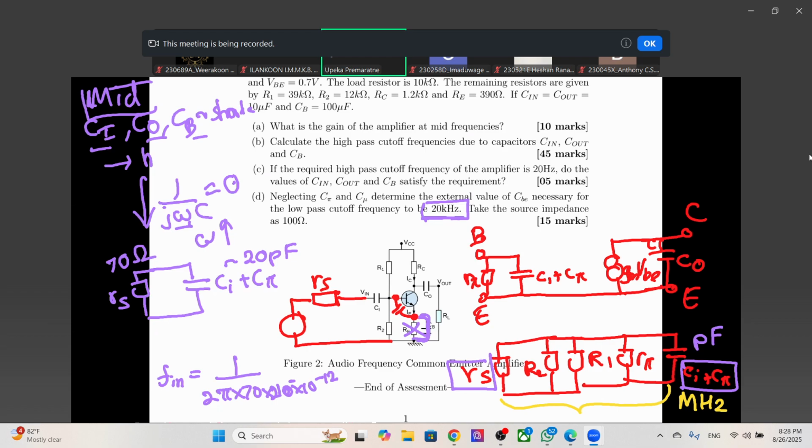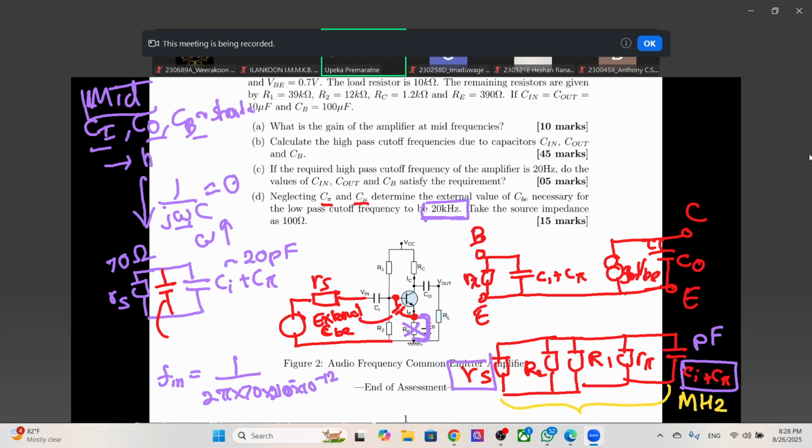So to lower the cutoff frequency, we connect an external capacitor like this. We call this the external base to emitter capacitor, CBE.